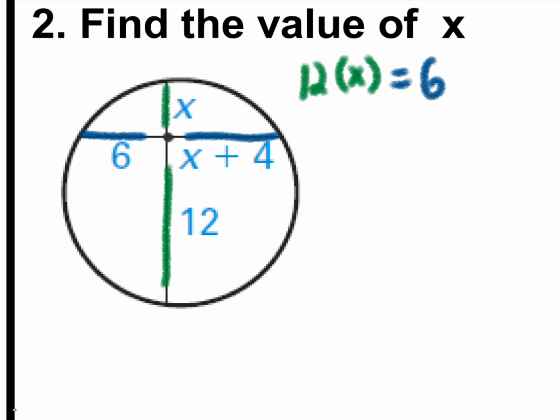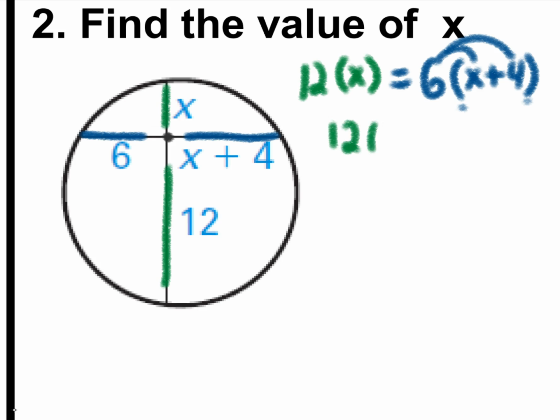A common mistake here is forgetting to multiply 6 by the whole x plus 4. So I like to put x plus 4 in parentheses so that I remember to distribute the 6. So we get 12 times x is equal to 6x plus 24.